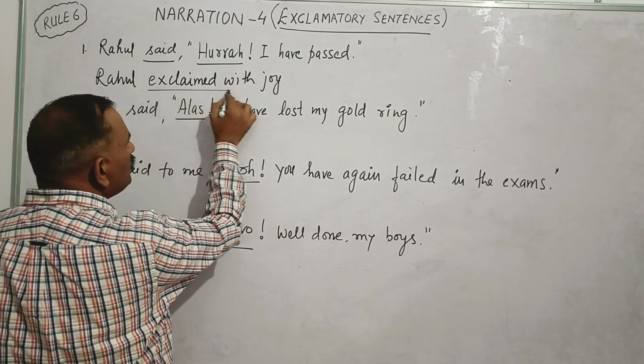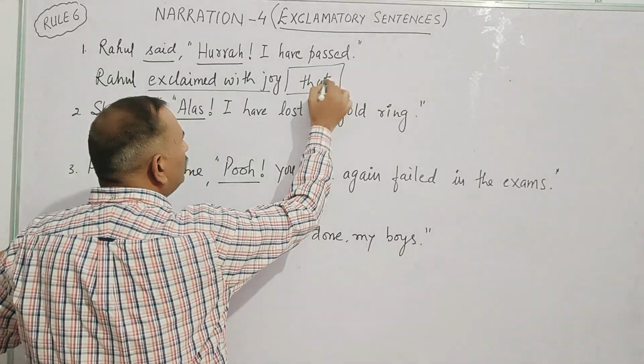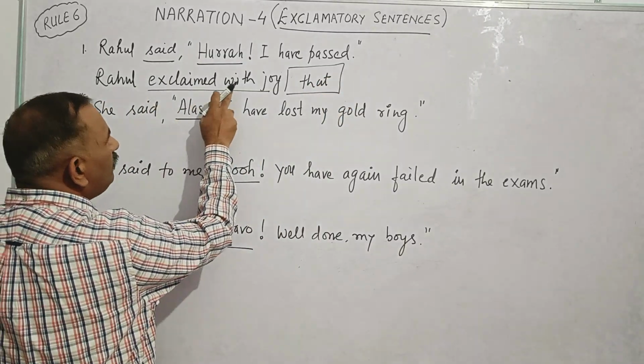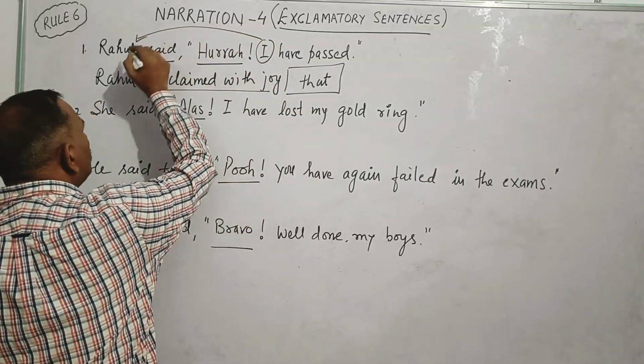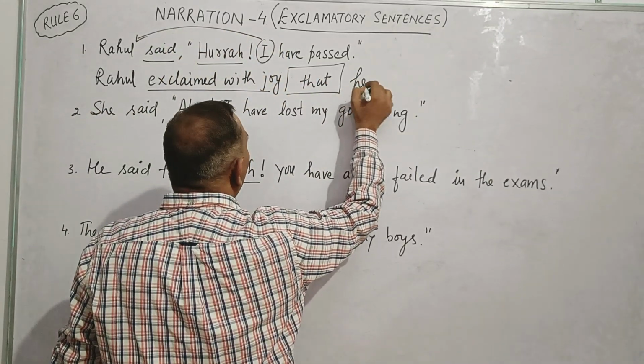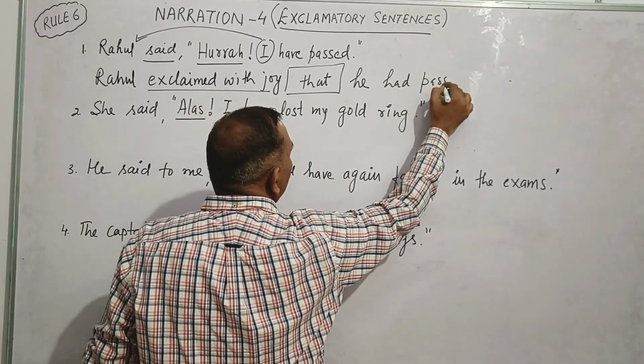Then you have to use the conjunction "that". Rahul exclaimed with joy that he had passed, since "I" is the first person and changes according to the subject; Rahul is a boy.